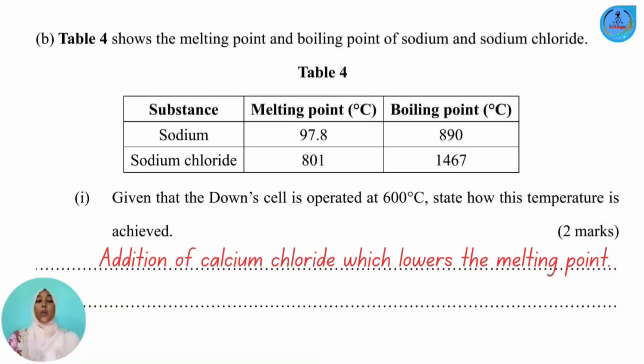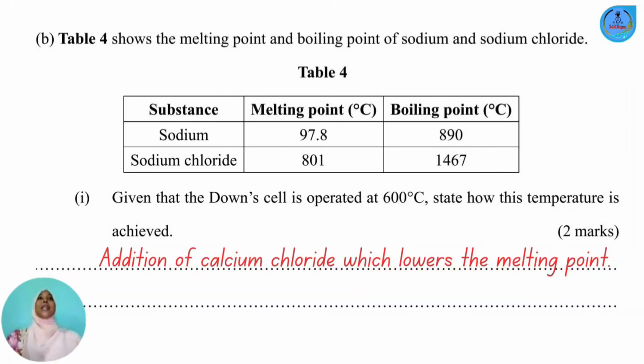Let's pause there. We need sodium chloride to be in molten state, right? Sodium chloride is an ionic compound. That means it can conduct electricity, but only if it's in aqueous state, in solution form, or if it's in molten state. In the Downs cell, sodium chloride tends to be in molten state.